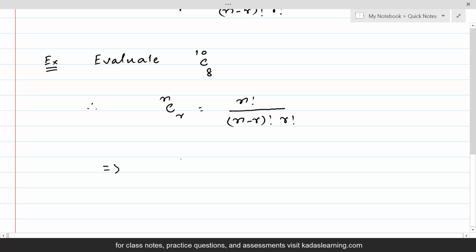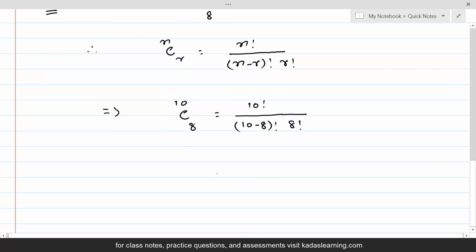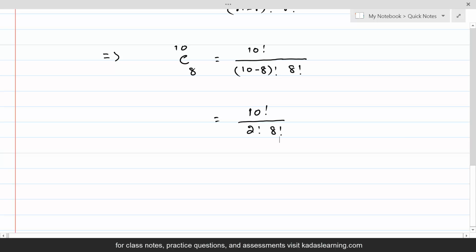This implies that 10C8 will be equal to 10 factorial divided by 10 minus 8 factorial times 8 factorial. So this is equal to 10 factorial divided by 2 factorial times 8 factorial.